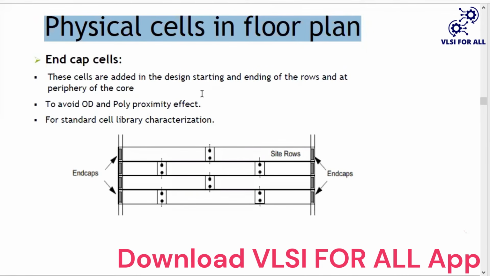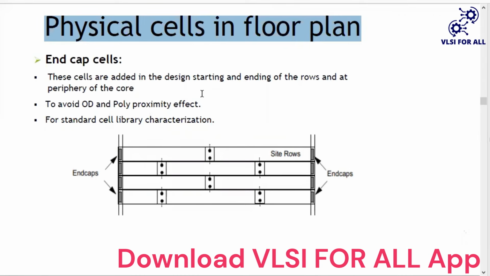Now, those decap cells are useful for changing into the poly. Some library vendors define and develop that particular cell in the poly layer. All the physical only cells are available in poly, but they will not be connected anywhere.